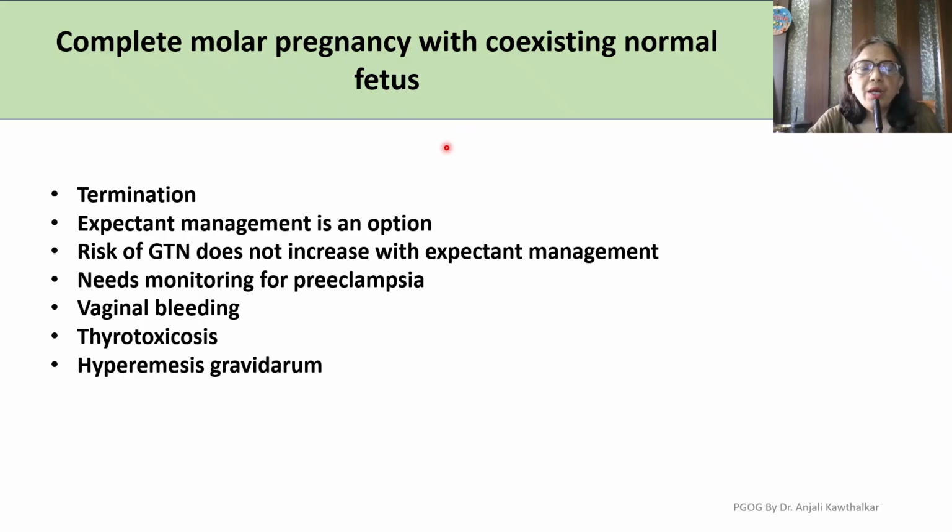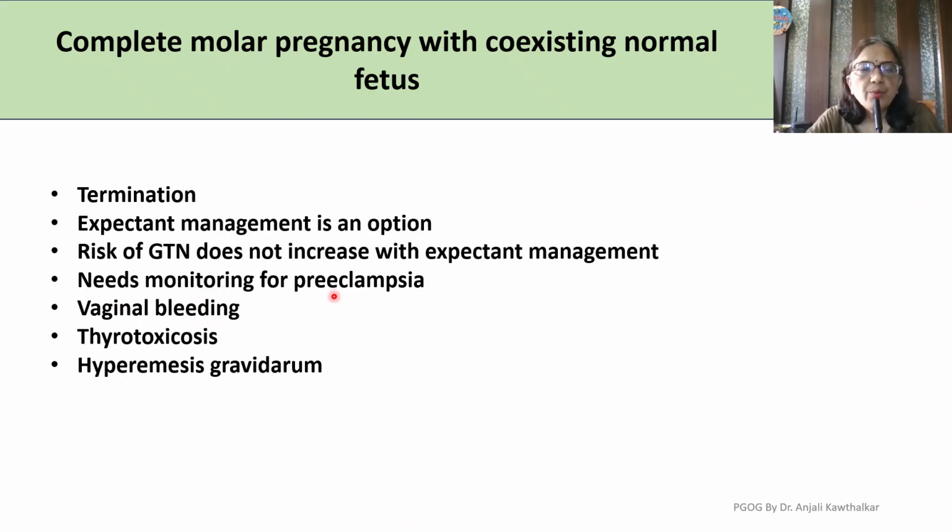If there is a complete molar pregnancy with a coexisting normal fetus, usually termination is the treatment. But expectant management has also been tried by some studies, so it is also an option. Risk of GTN, gestational trophoblastic neoplasm, does not increase with expectant management.